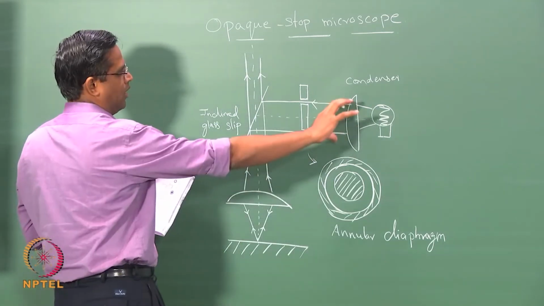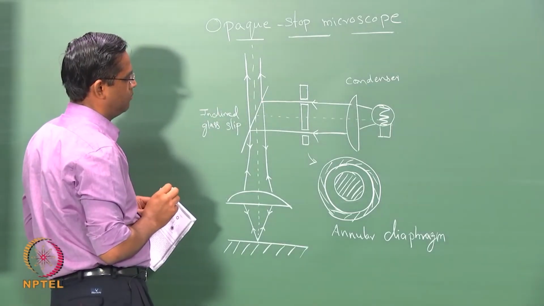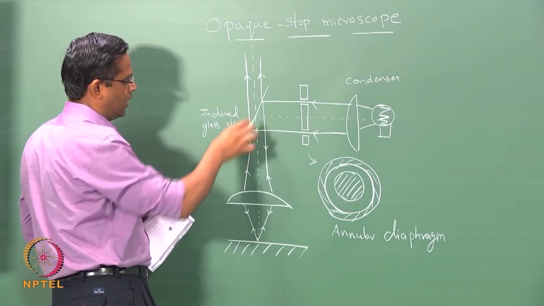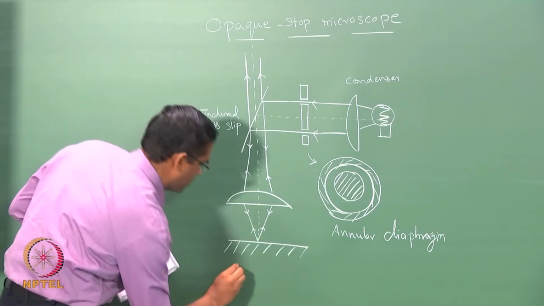So only a cone of light is passed through this microscope and then reflected on the objective and then to the object.